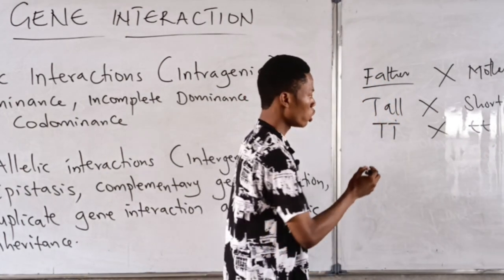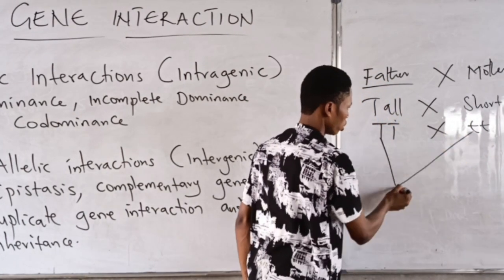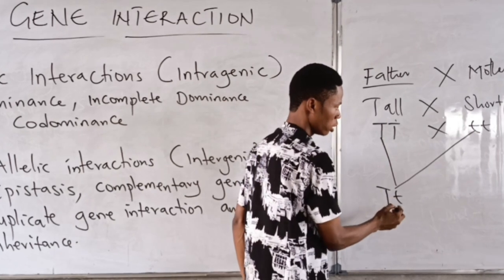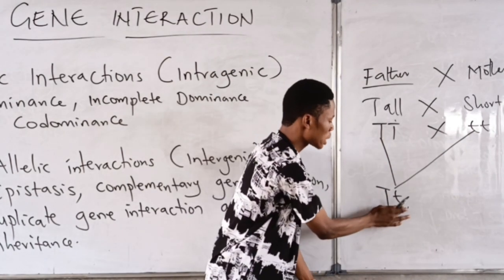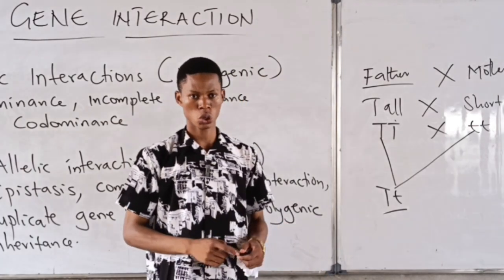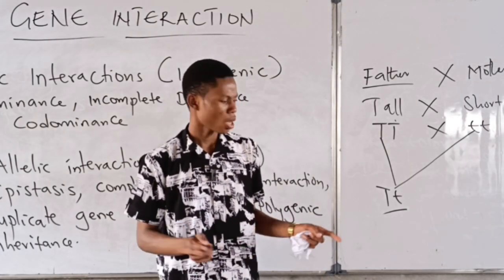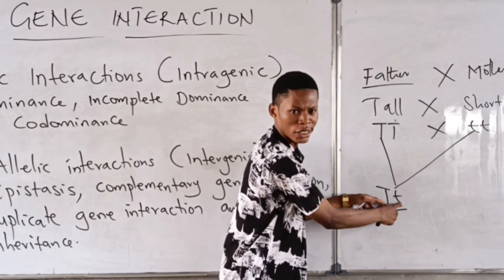If we cross this, what are we going to have? This, right? If you cross all, you have this. Is it not? Yes. Will this person be tall or short? Tall. Yes. But there is a tall allele here and a short allele here now.